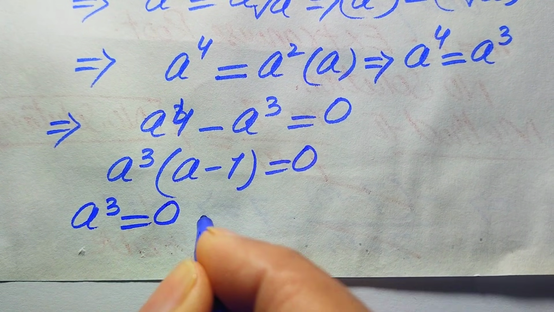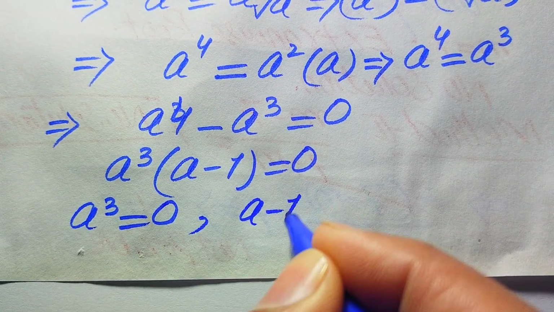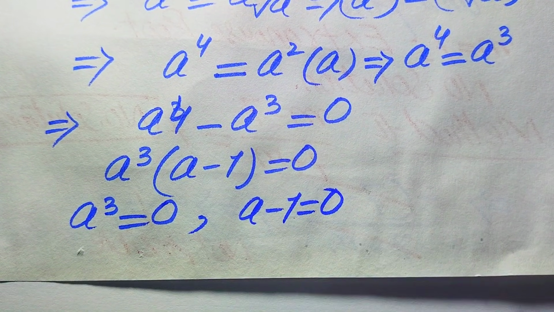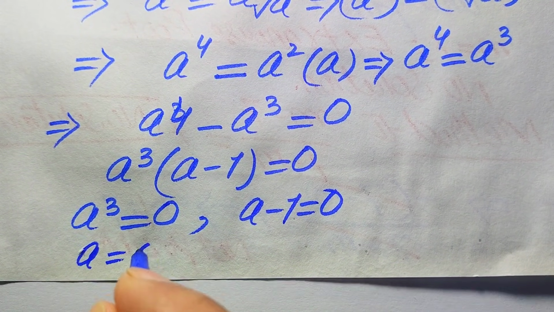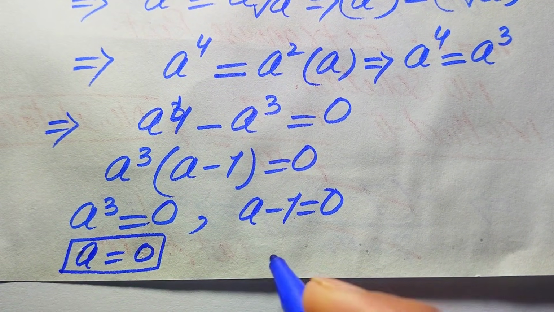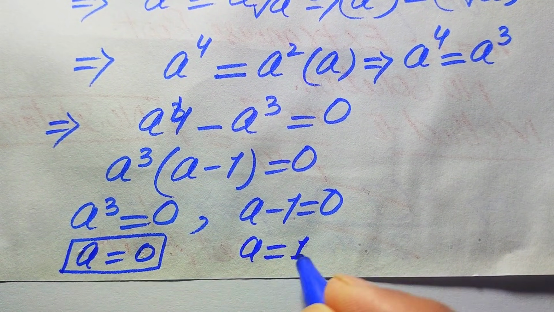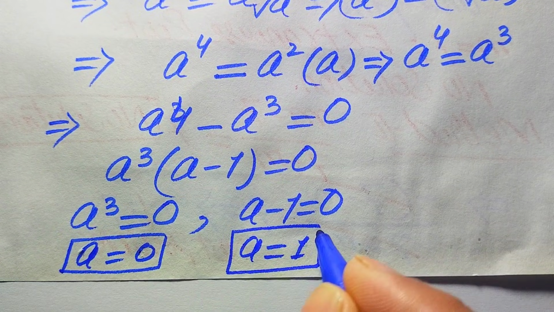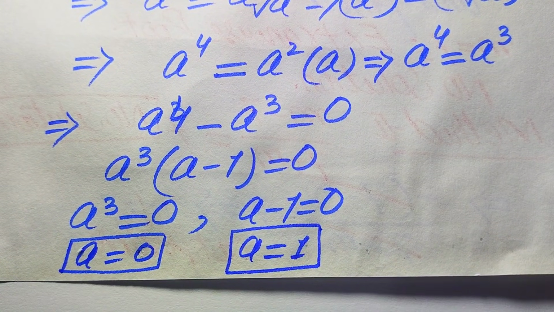And now we divide this equation into two cases. The first case is a cubed equals 0, and the second case is a minus 1 equals 0. So from here we easily get the value a equals 0. This is the first root of the given equation, and from here we get the value a equals plus 1, and this is the second root of the given equation.